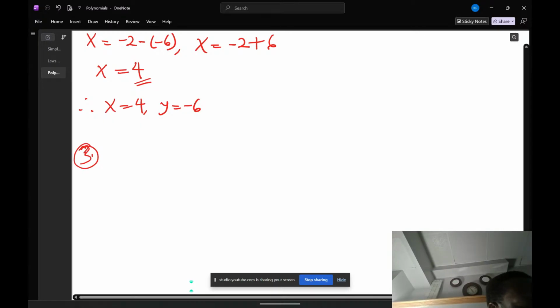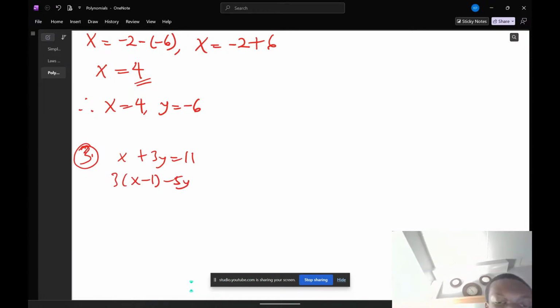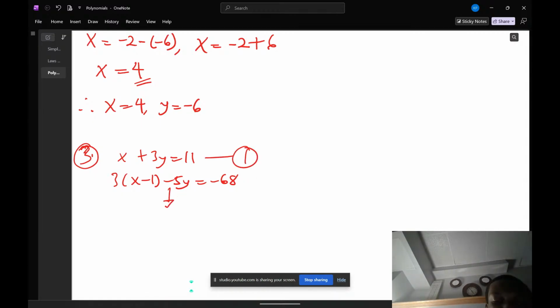Let's do x plus 3y equals 11 and 3 into x minus 1 minus 5y is equal to minus 68. This is equation 1. This is not really an equation, but I'm going to try to break it down and make it much more simplified.